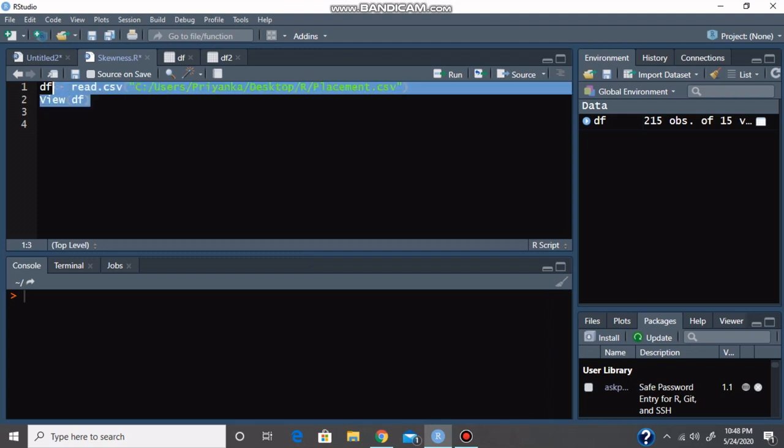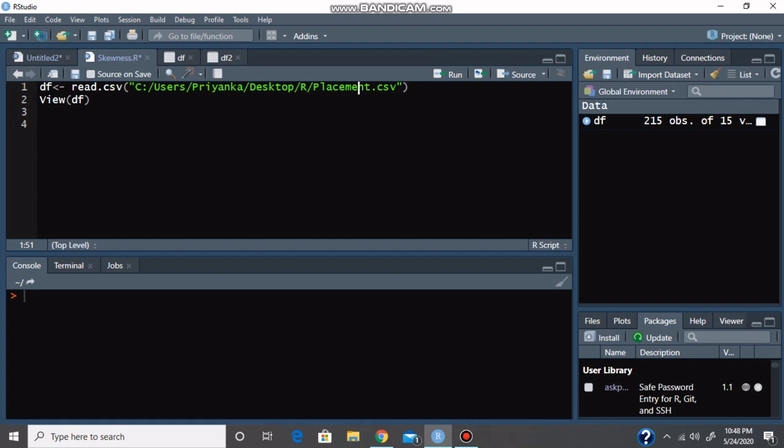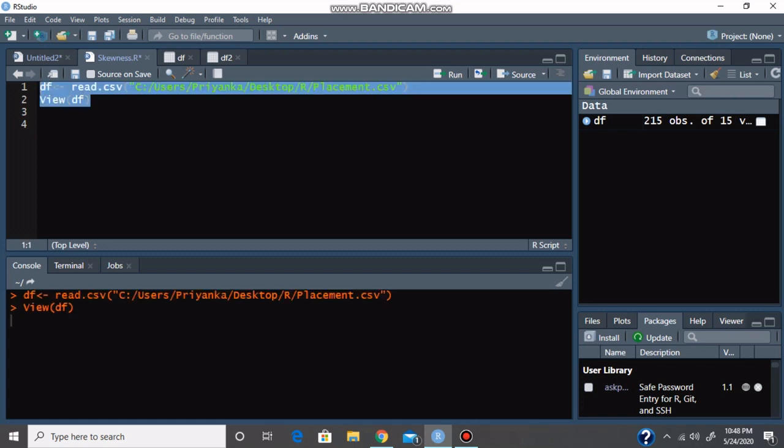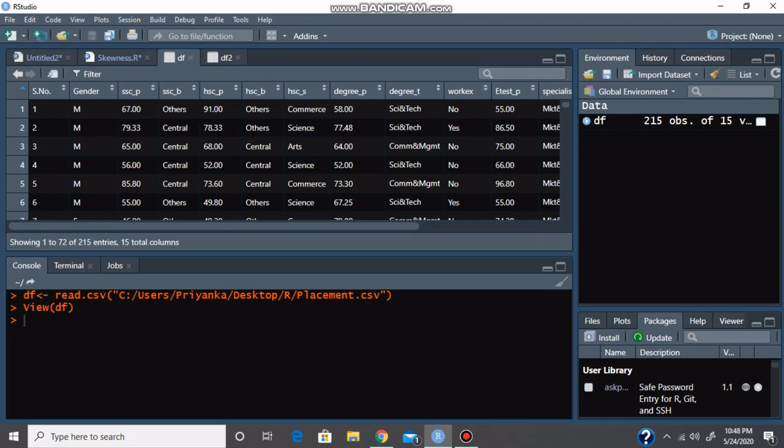The first step remains the same: we need to import our data set, and my data set is placement.csv. When I run this code, you can view the data that I have. I have run it successfully, and you can see that there are 215 observations of 15 variables.